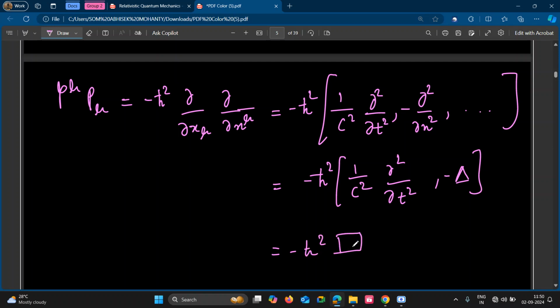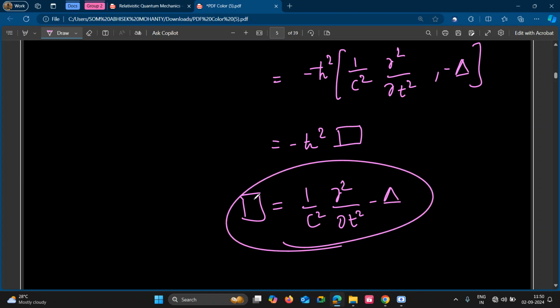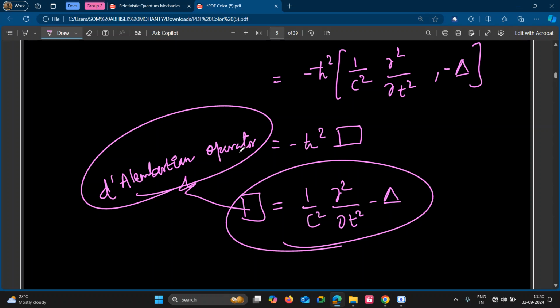This is a nabla operator, and this one is actually del, and this one is actually 1 by c square. This is called the D'Alembert operator. You must have studied it in classical dynamics.